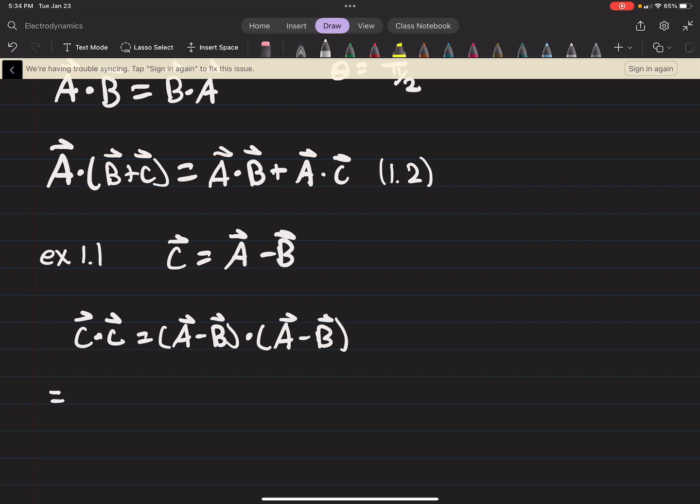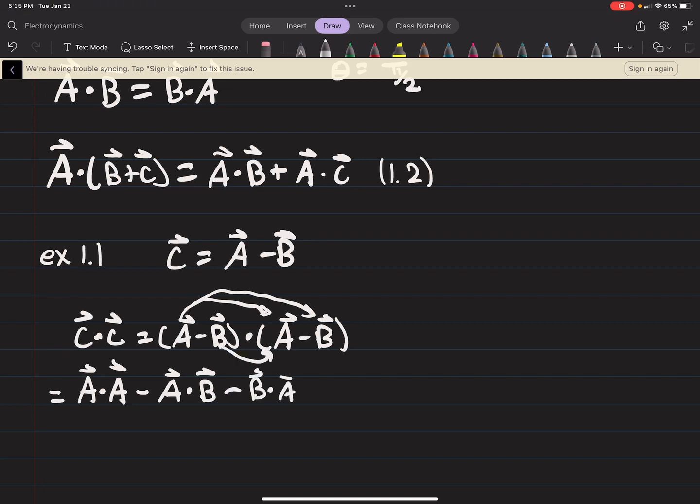I'll just write it all out. We have A dot A, then minus A dot B, minus B dot A, plus B dot B. But remember that B dot A is equivalent to A dot B.